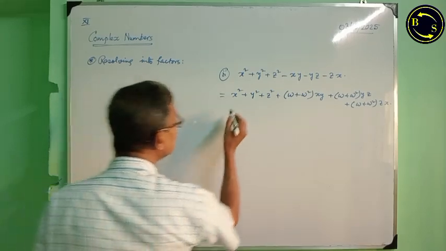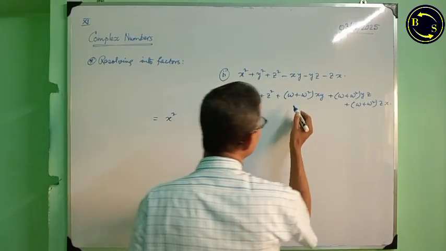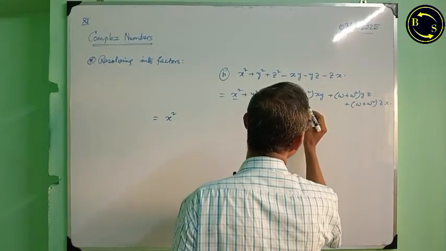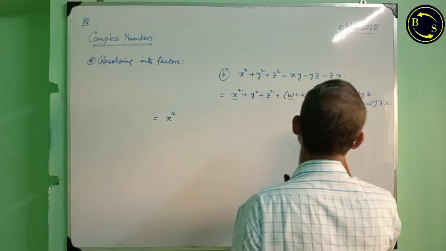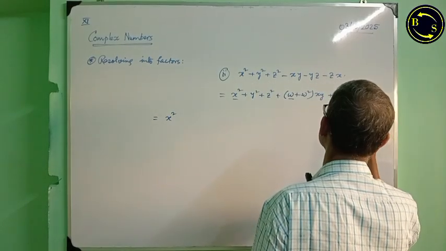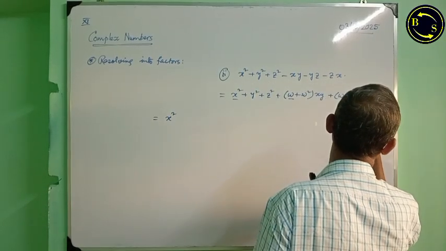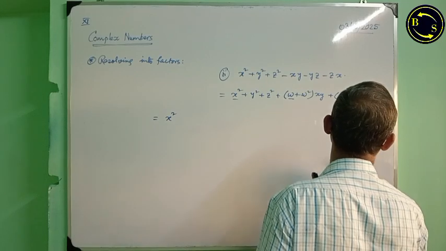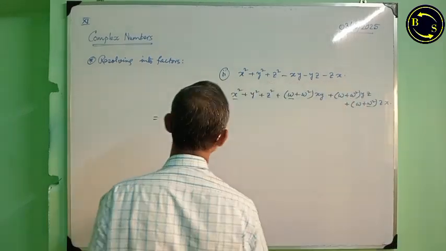x square, then I take omega term, and then omega square form.